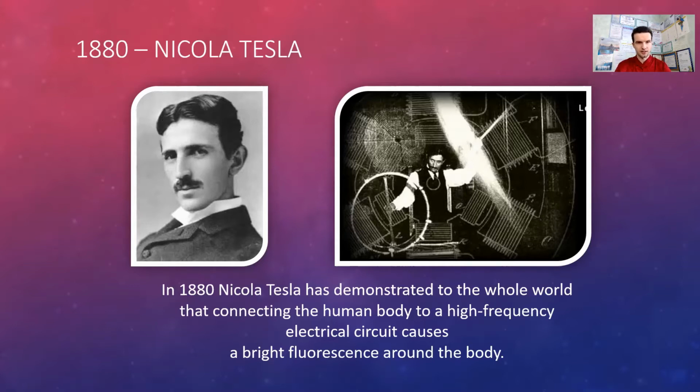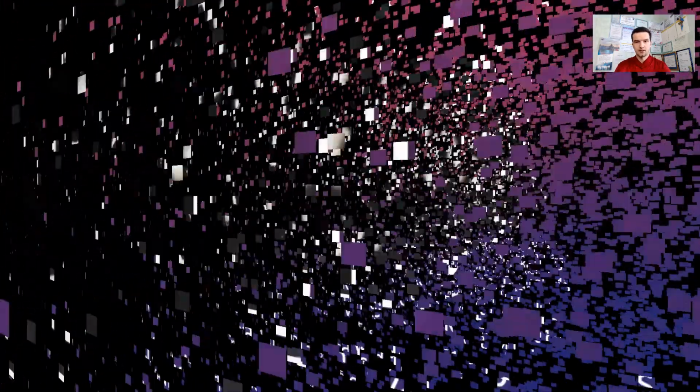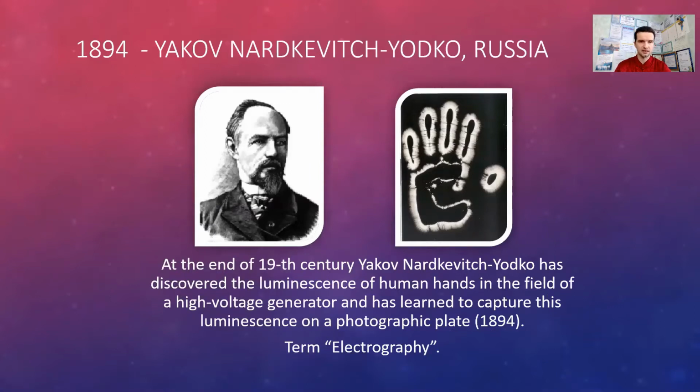The most interesting for researchers and investigators were studies of the glow of living objects, of course, human beings and different plants, etc. So, at the edge of the next century, Yakov Yodko-Narkevich in Russia also made experiments with a high voltage generator, and he didn't simply watch this luminescence or glow that George Lichtenberg and Nikola Tesla had seen, but he learned how to capture this luminescence on a photographic plate.